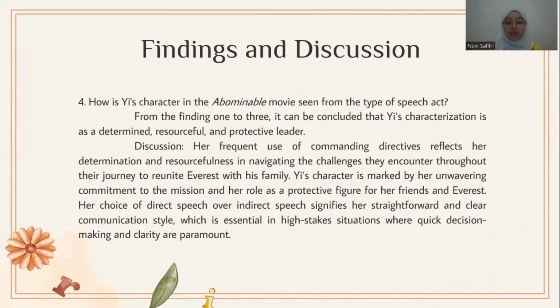This character is marked by her unwavering commitment to the mission and her role as a protective figure for her friends. Her choice of direct speech over indirect speech act signifies her straightforward and clear communication style, which is essential in high stakes situations where quick decision making and clarity are paramount.